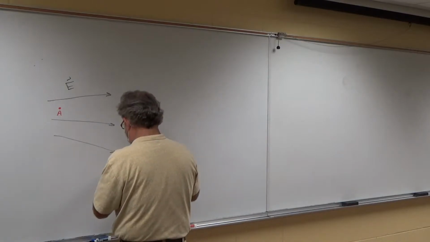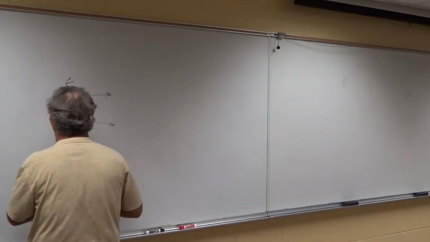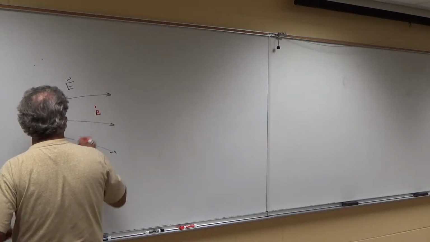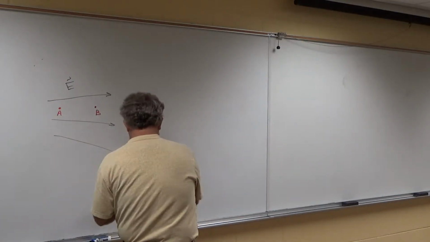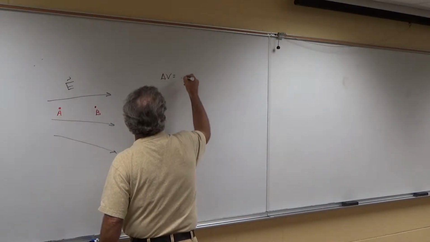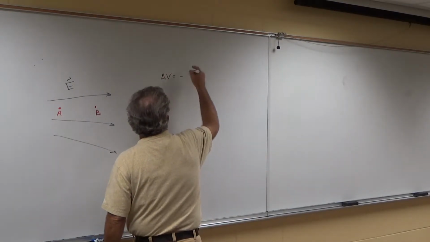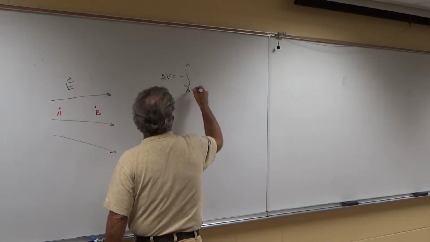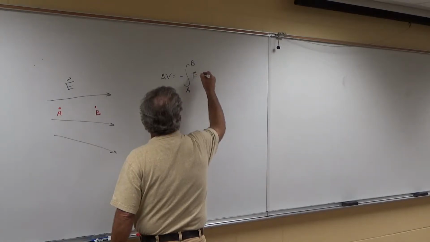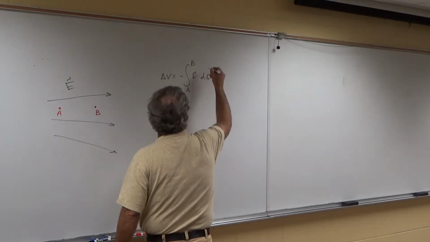The change in potential, let's say if you're moving from point A to some point B, is what we're typically interested in. It is equal to the negative of the integral from A to B of E dot ds.